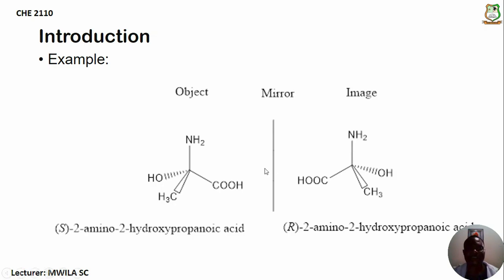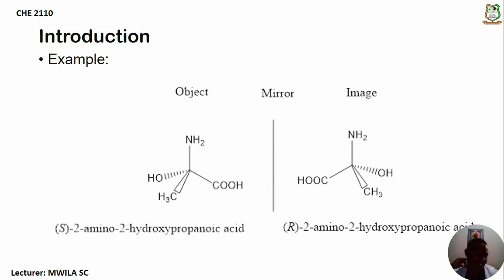To preempt, even though we are going to look at this in much detail, this dashed wedge is telling us that the bond connecting this hydroxyl is projecting away from us as we are looking at it. It's behind the molecule. Then we have this methyl group on a solid wedge that shows that the bond connecting this methyl is projected towards us.